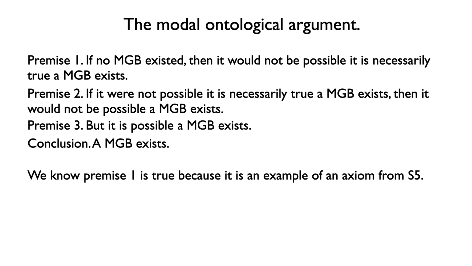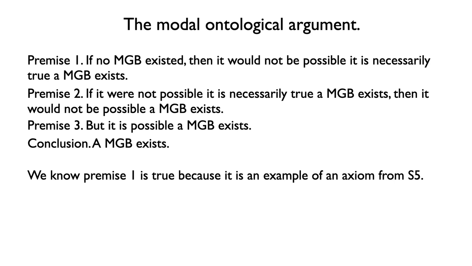So we know premise 1 is true because it is an example of an axiom from S5. If a proposition is false, then it cannot be possible it is necessarily true. So if no maximally great being existed, then it would not be possible it is necessarily true a maximally great being exists.